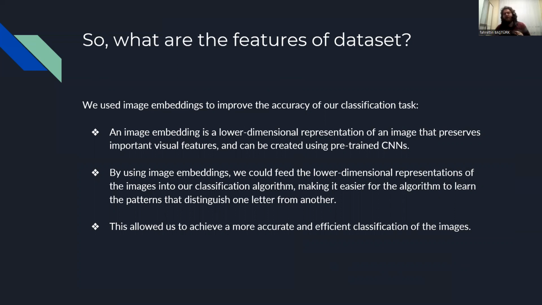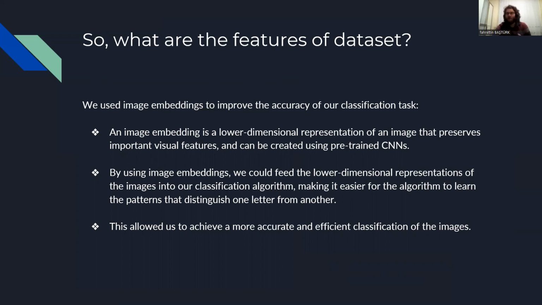By using image embeddings, we can feed lower dimensional representations of the image into our classification algorithm, and it is easier for the algorithm to learn patterns that distinguish one letter from another, to find which letter is which, and to find what the user is doing.